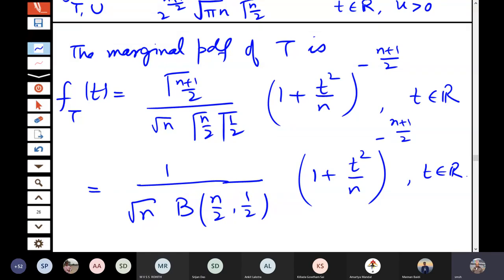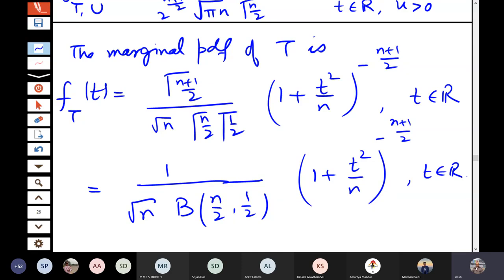Now if you observe it carefully, this distribution looks a little bit like the normal distribution. In the standard normal you have e to the power minus t square by 2, and here you have 1 plus t square by n to the power minus n by 2. So if you take n tending to infinity, this will actually go to e to the power minus t square by 2.